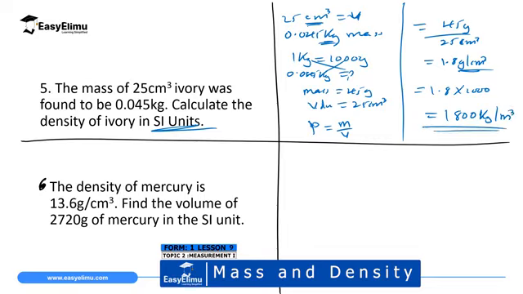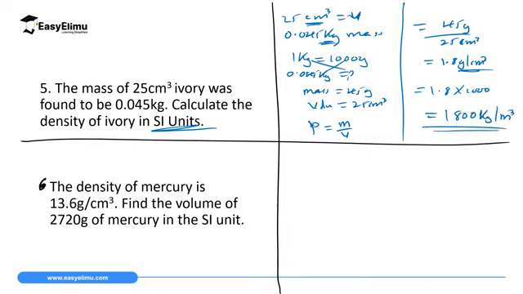Then the sixth question is the density of mercury. So you have density, you have to write down what you have, which is 13.6 grams per cubic centimeter. Then find the volume of 2720 grams of the mercury.